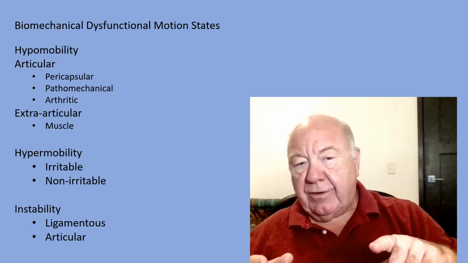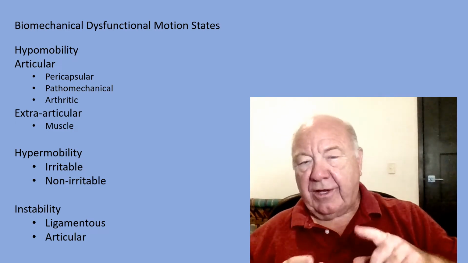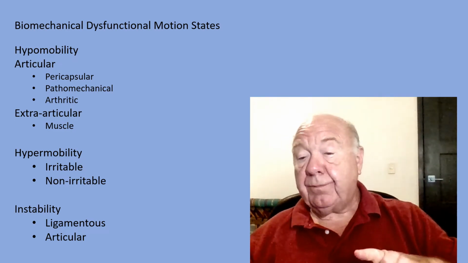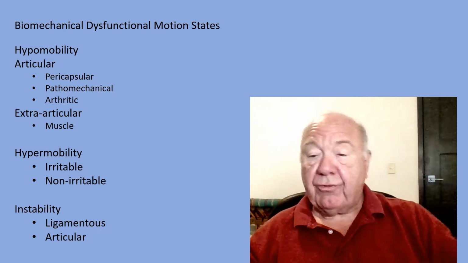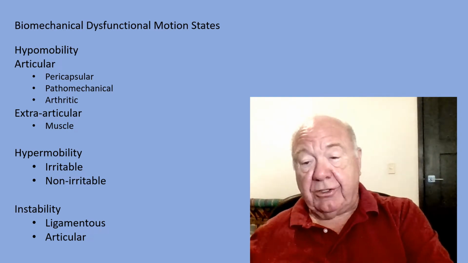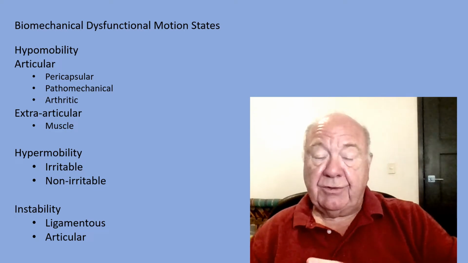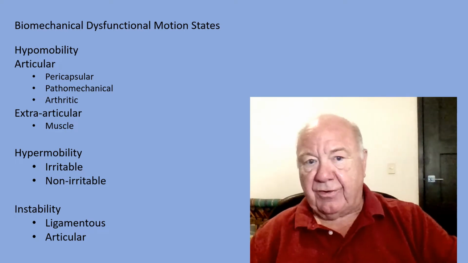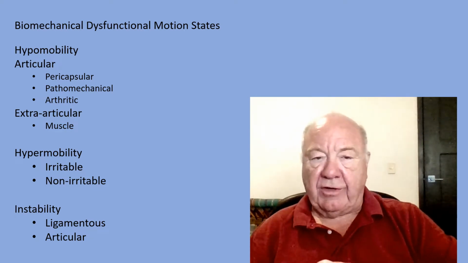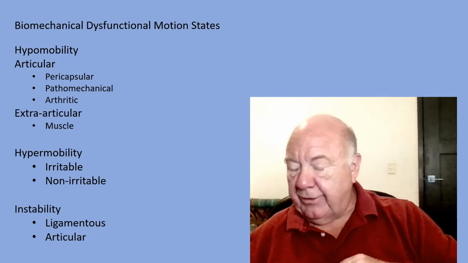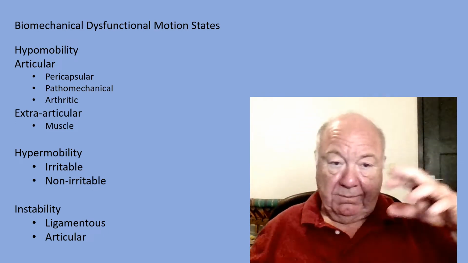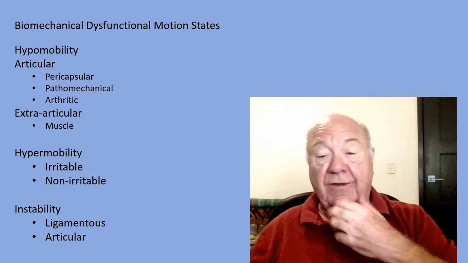The difference, though, is that the joint glide with extra-articular restrictions is normal. What it was before that restriction is what it is after. It might be a little different from the other side, simply because you've got facilitation there, but the extra-articular restriction isn't affecting the joint glide.